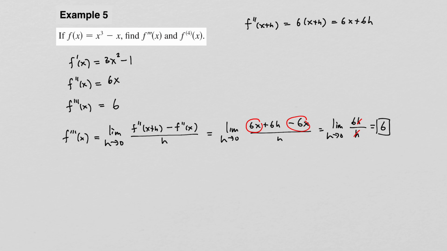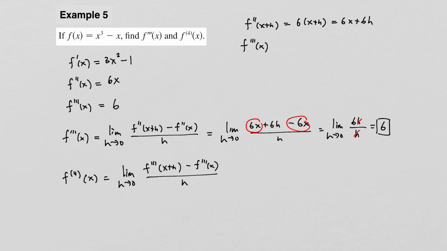So what about the fourth derivative? Well, again, the fourth derivative of the function, f4 of x, will be the limit as h goes to 0 of the third derivative of x plus h minus the third derivative of x, and then divided by h. Now, f triple prime is 6.